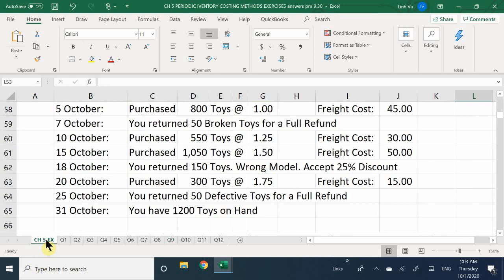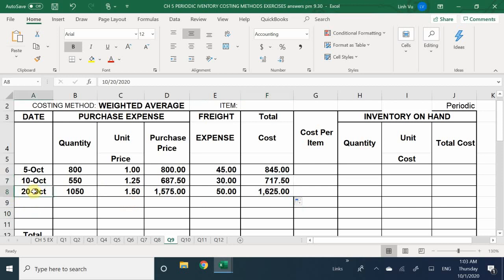Now I have to fix that date for October 15.